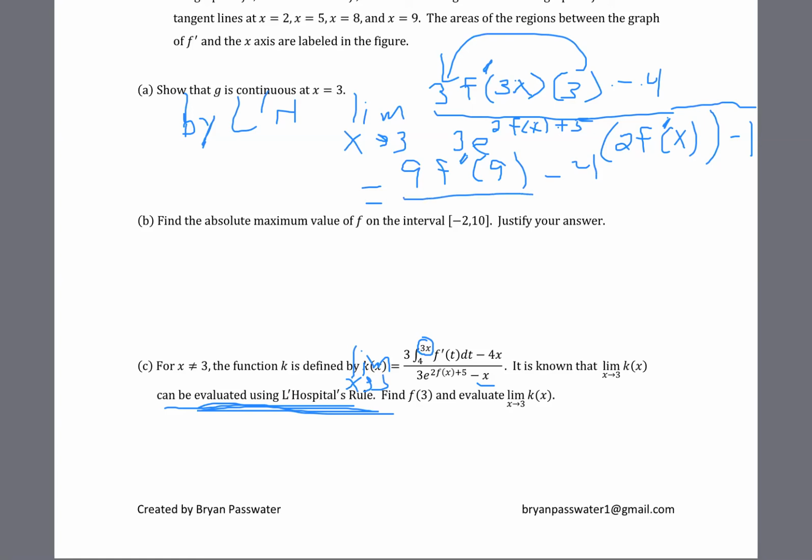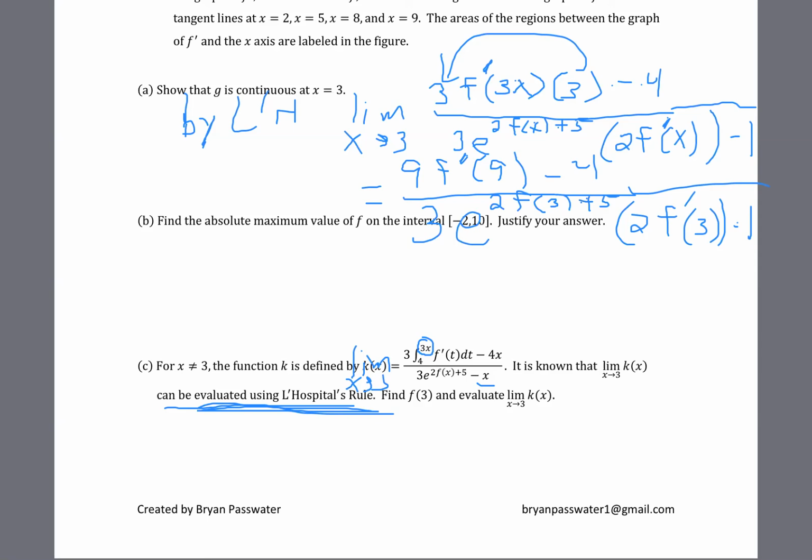Then on the bottom part, I've got 3 e to the 2 times f of 3 plus 5, and then that's times 2 f prime of 3 minus the 1. So now I've got to plug in numerical values for all of that stuff.